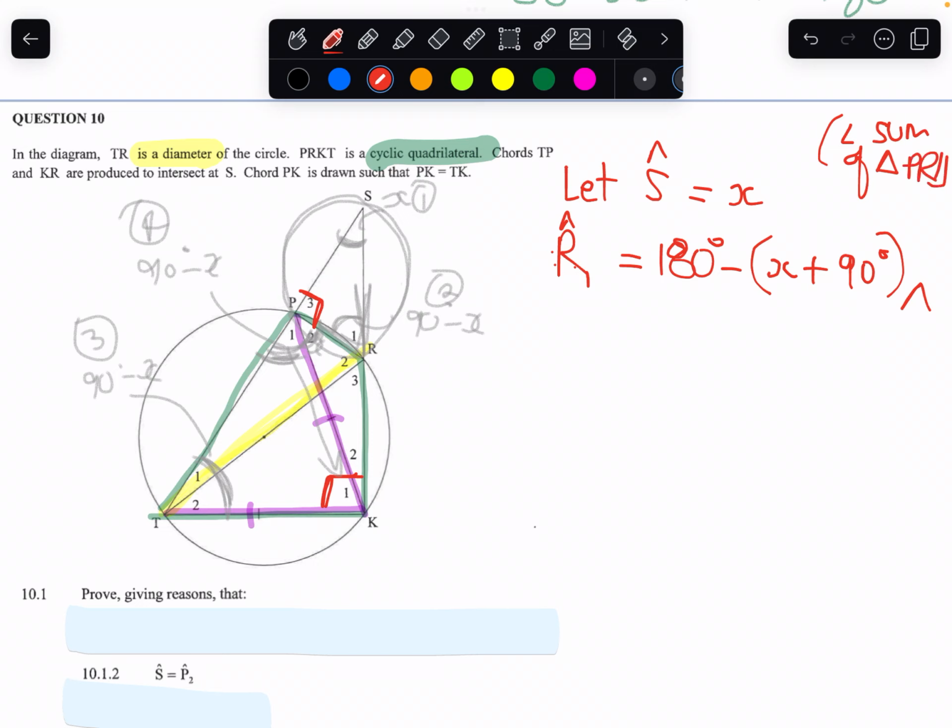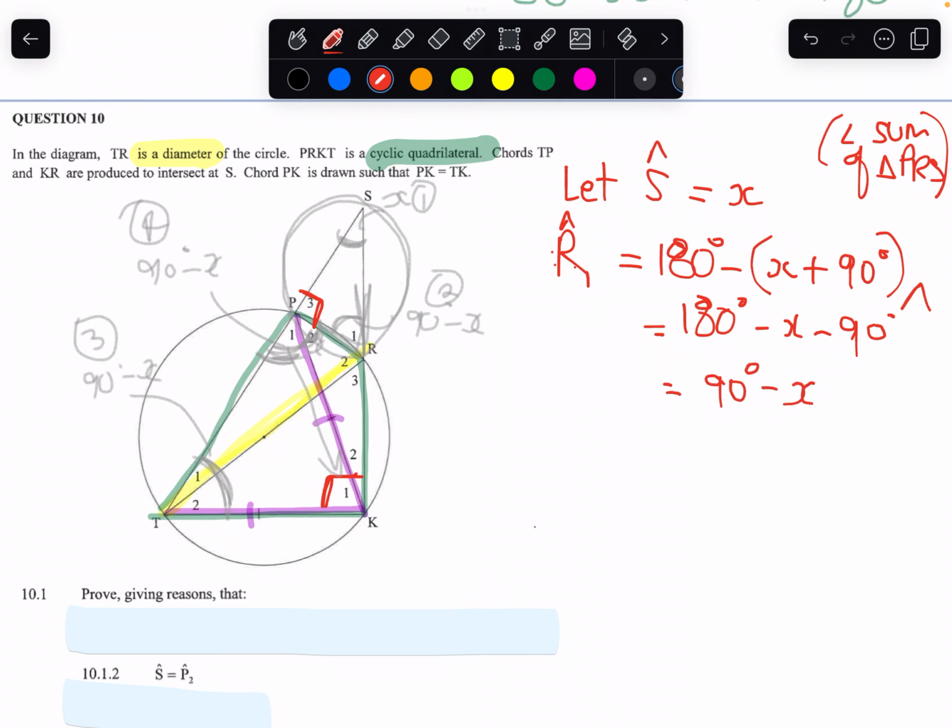Okay, that does not look good. Let's try that again. Triangle PRS. Okay, right. So that is 180 minus x minus 90, which is 90 degrees minus x.